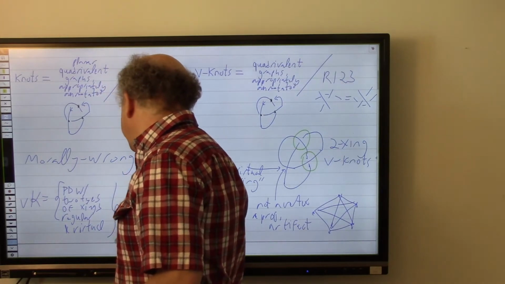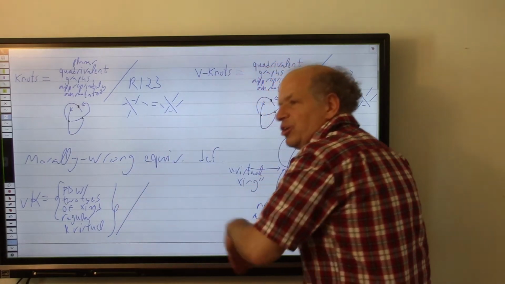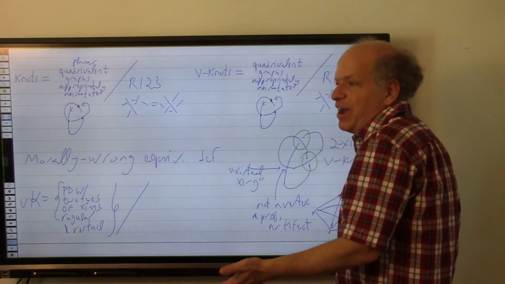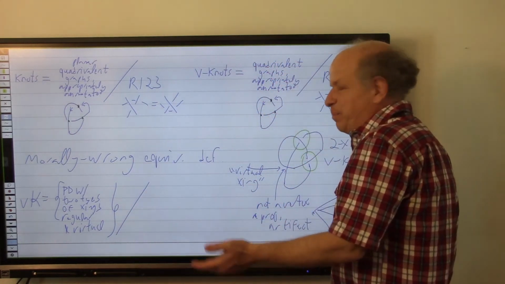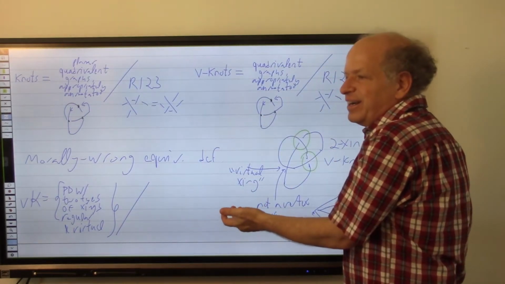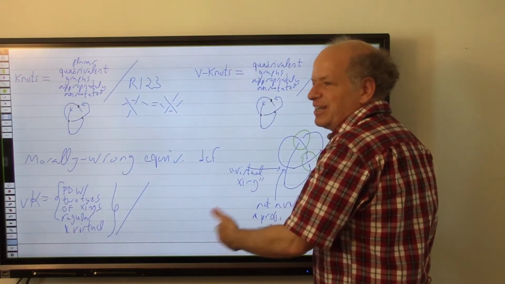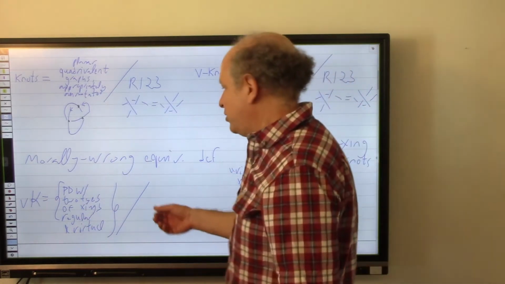And then you mod out by relations that say virtual crossings don't really matter, aren't really there. You might as well have said in advance that they aren't really there. But instead you put them in and mod out by the relations that say that they aren't really there. So what are the relations?